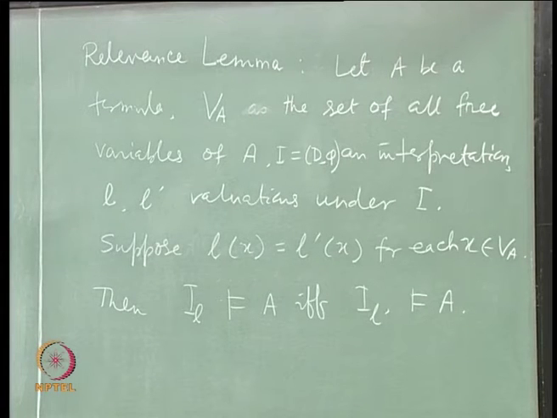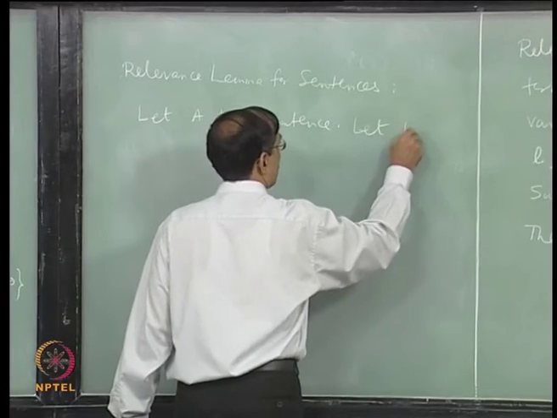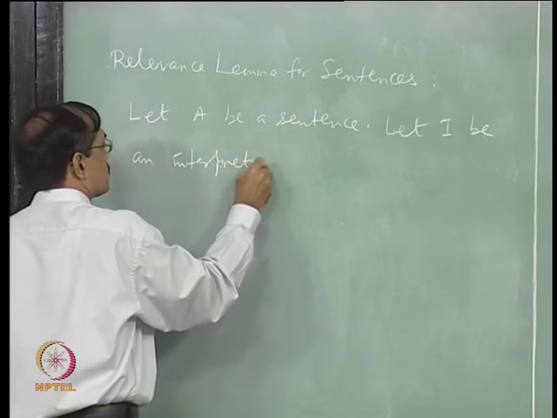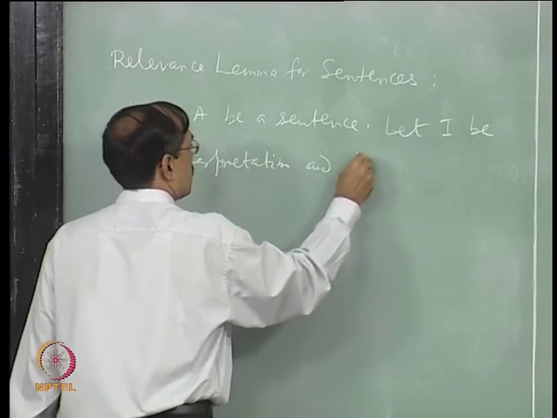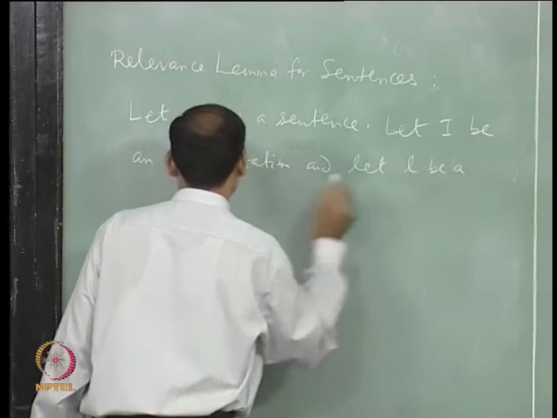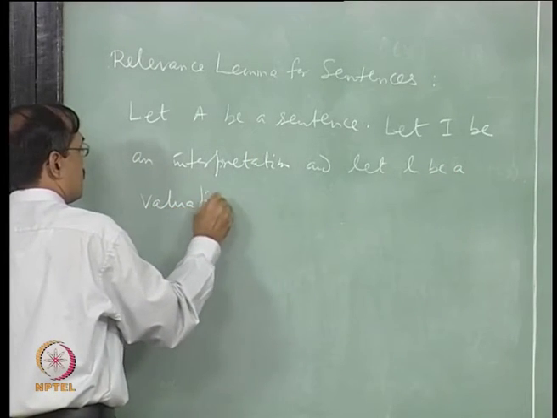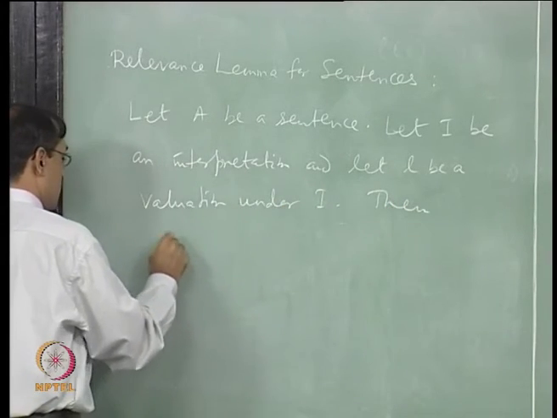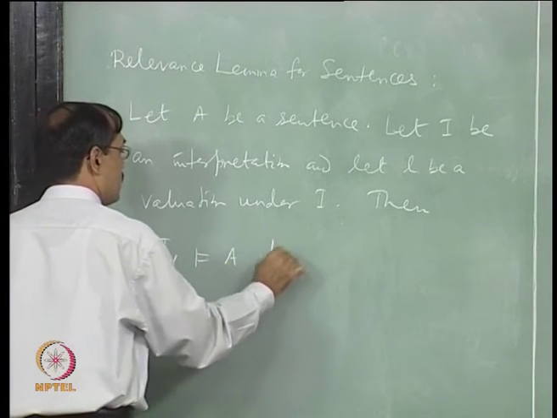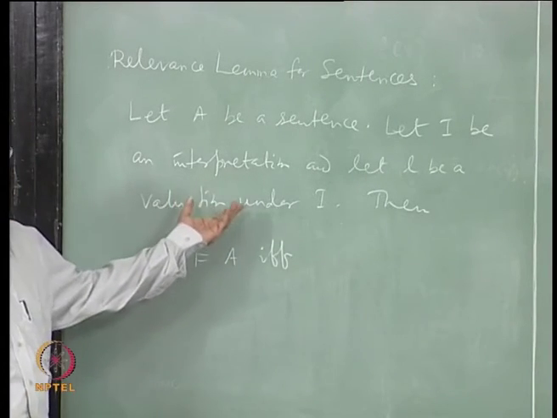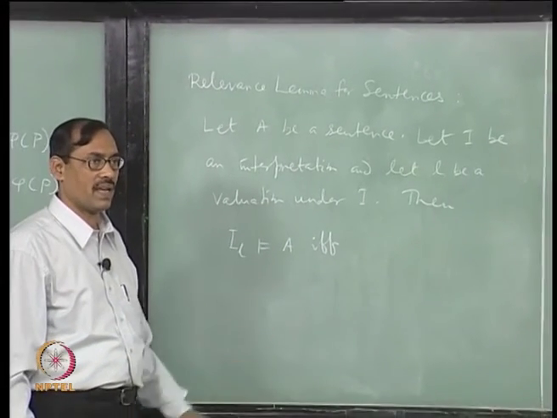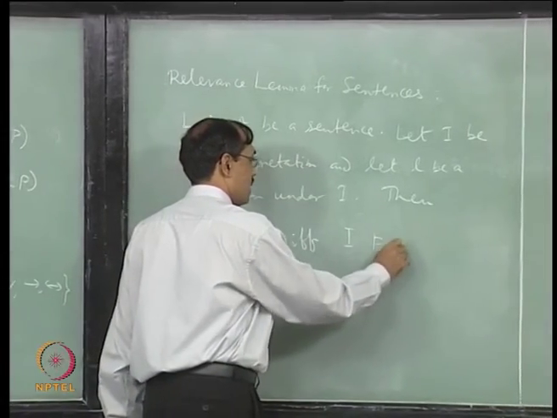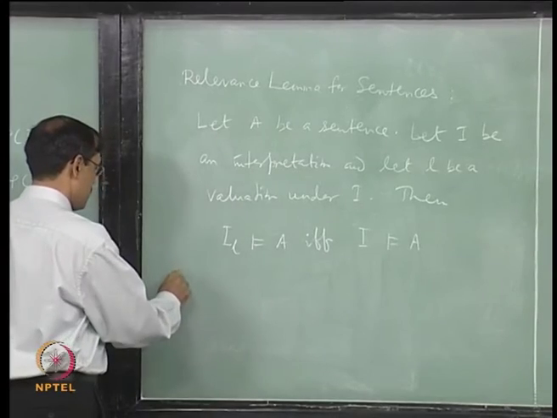Now let us write it. Let I be an interpretation and let L be a valuation under I. Then I L satisfies A if and only if, if you take any other valuation L prime, then I L prime also will satisfy A. So, there we will write I itself satisfies A. Okay, we will give the definition now.